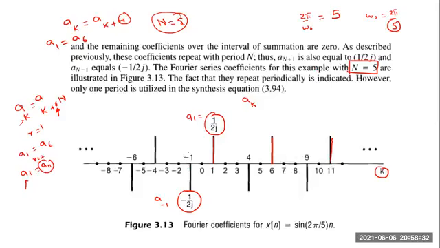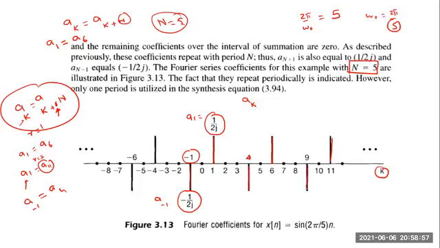Similarly, you can see a minus 1. So when will a minus 1 repeat itself? Based on this equation, a minus 1 will be equal to a minus 1 plus 5 for r equal to 1. So minus 1 plus 5 becomes equal to 4. So you can see this particular coefficient is repeating itself at 4.